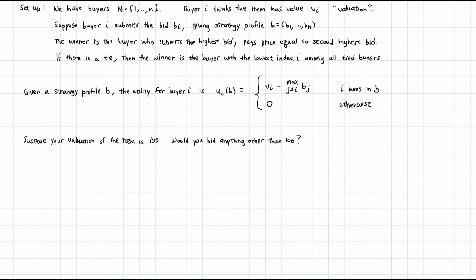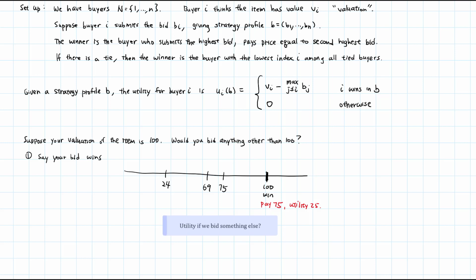We will break into two cases. In the first case, suppose that your bid wins and the other bids are shown here. The second highest bid is 75, so we will pay 75 and get a utility of 25. Now, can you see what would be the utility if we do not bid 100?